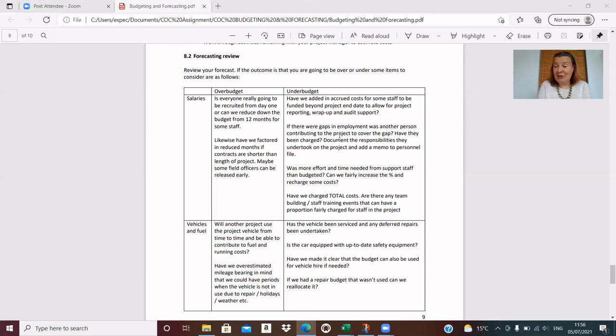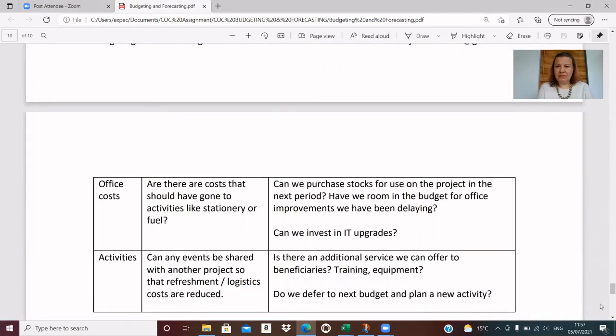Perhaps we just got lucky, our car worked perfectly well for the year, and all allocated repairs are simply not needed, and we just have to be transparent in our forecasts and say, actually, we're going to reallocate that to fuel, or we're going to reallocate that to overheads or activities, etc.